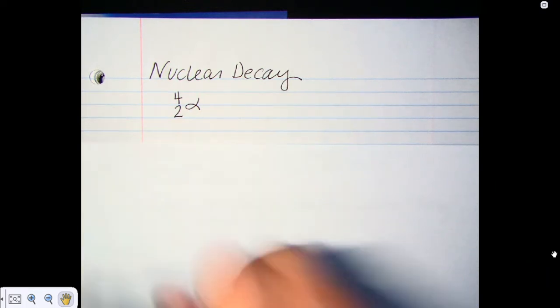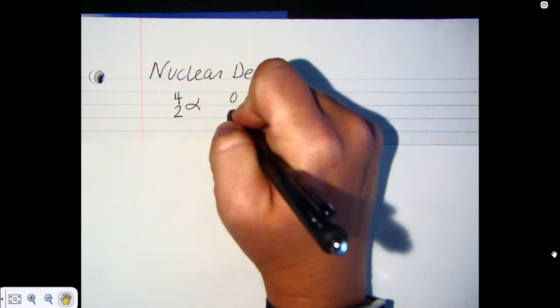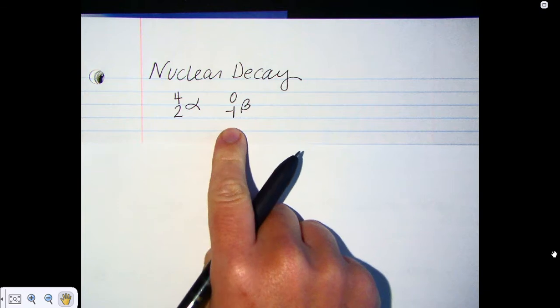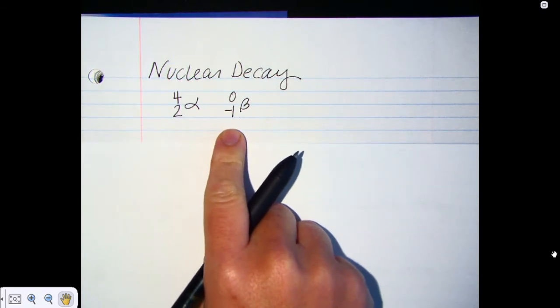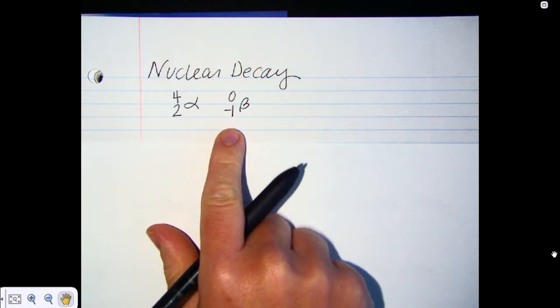The second one is a beta decay particle, 0/-1 beta. That means we have a mass of 0 and a charge of -1. This one doesn't have any protons.